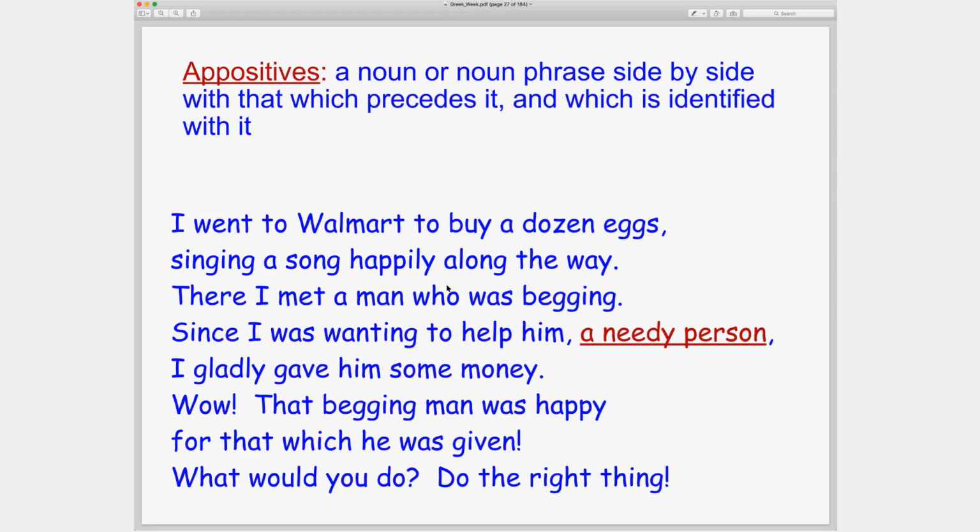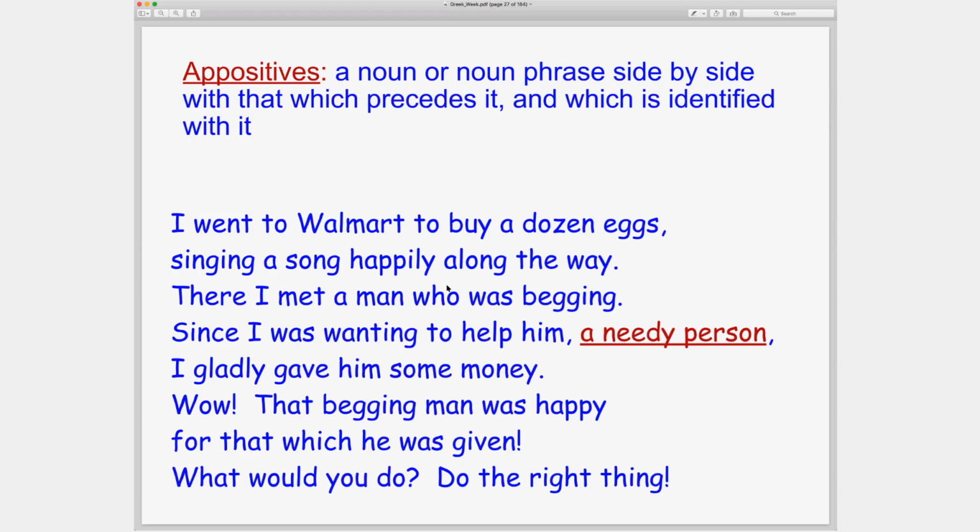Okay, an appositive. So in my text, a needy person is an appositive. It's a noun phrase. The noun is person, and two adjectives, a and needy, modify that noun and produce a noun phrase. It's called a phrase because it doesn't have a verb, as opposed to a clause.